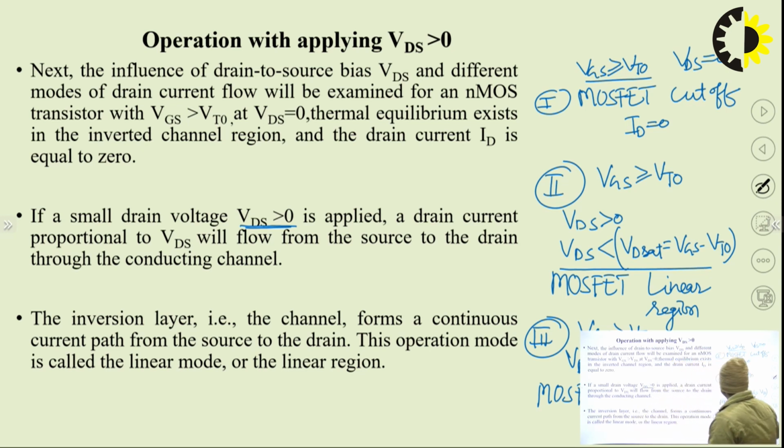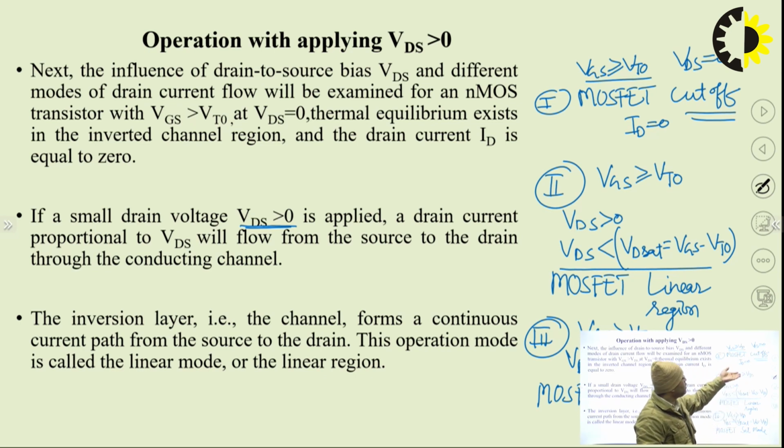So these are the three modes of operation of the MOSFET. First one is cutoff mode: when VGS is greater than VT naught and VDS is 0, then the MOSFET is in cutoff mode. It is in the cutoff region, there will be no current, ID will be 0.